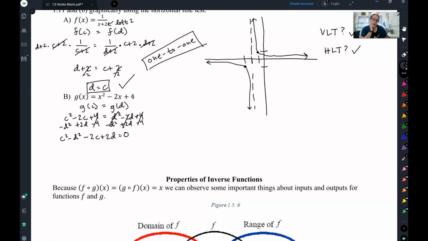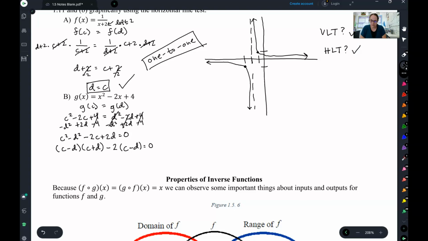Now, you might remember from Secondary Math 2 that this is a special case. c squared minus d squared is your difference of squares. So it's c minus d times c plus d. That's how you factor your difference of squares. And if I lost you there, that's okay. We'll talk about difference of squares a lot more later on in chapter 2. Then if I factor out a negative 2 from these, I get c minus d.